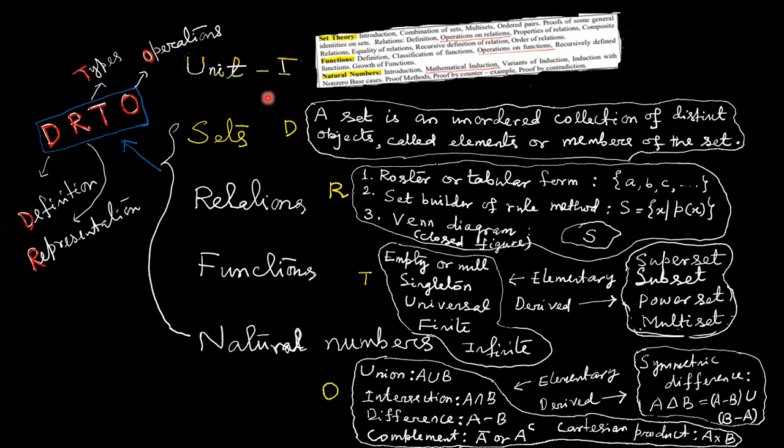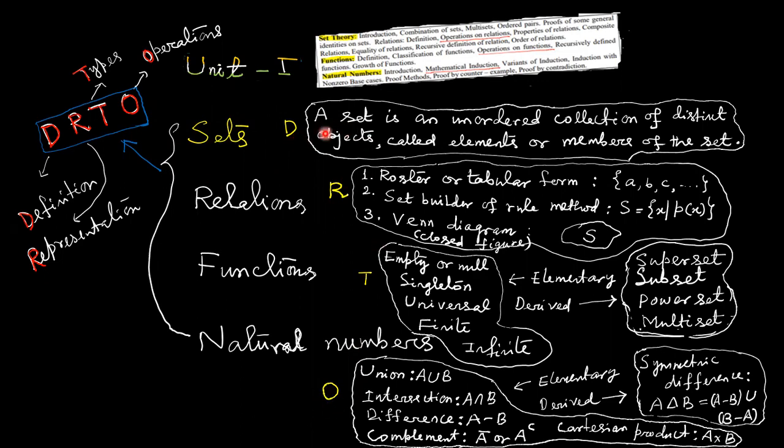So in this slide, we will discuss how to understand sets very easily, or what topics anyone should cover for sets. First of all, we should know what is the definition of a set, how to represent the set, what are the types of sets, then what are the operations allowed on sets.